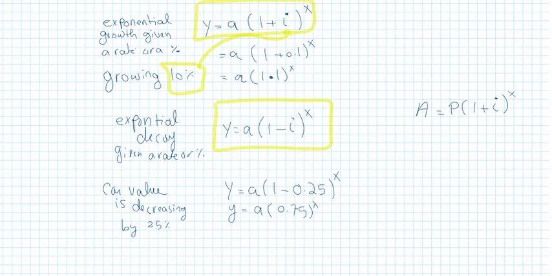A is my y, P is my initial. It's still the same, right? Or you see some equations, they write them A equals A0 times 1 plus i to the power of x. Guess what? It's exactly the same. They're written with different variables, with different letters, because people like to use different letters for different things. But they're exactly the same thing, right?